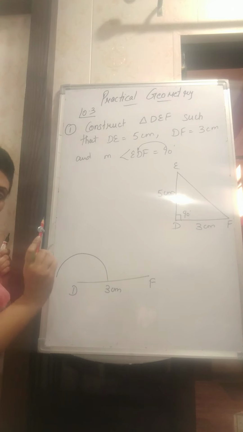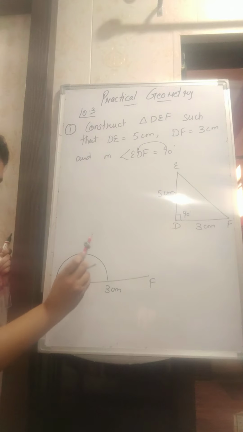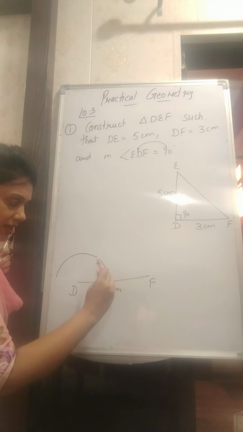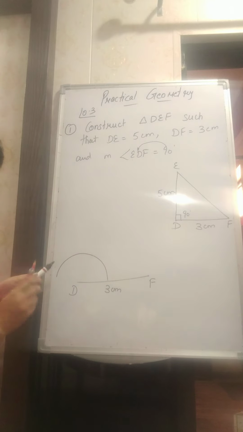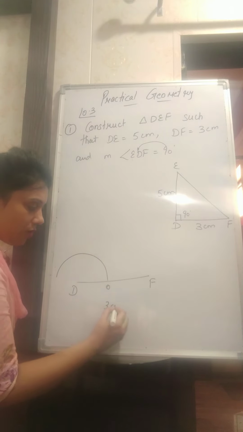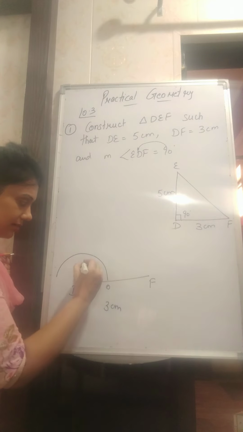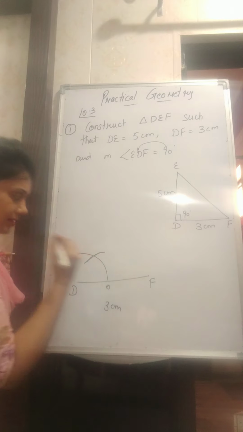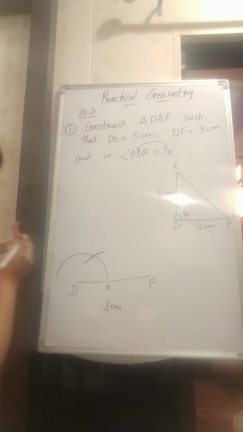Right? Then with the same radius, meaning however much your compass is open, with the same radius you will draw a 60 degree angle. You will keep your compass at point O, then you will make 60 degree angle. Then from 60 degree, you will make 120 degree angle like this, right?